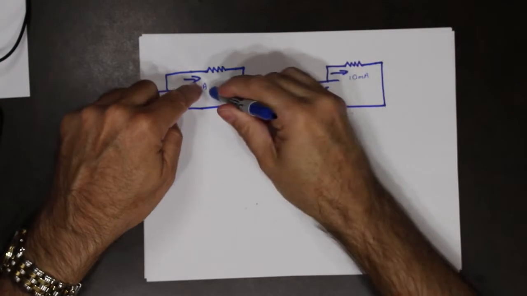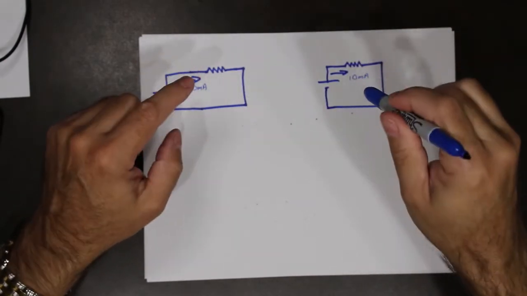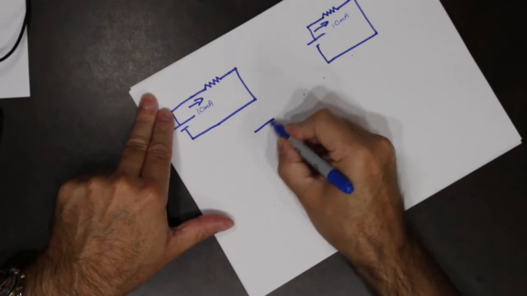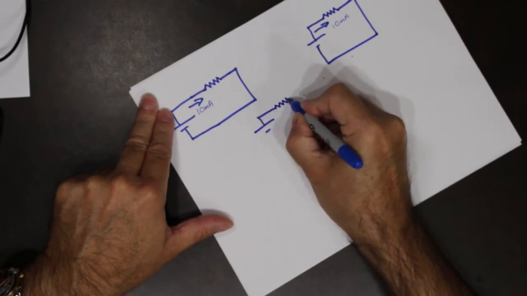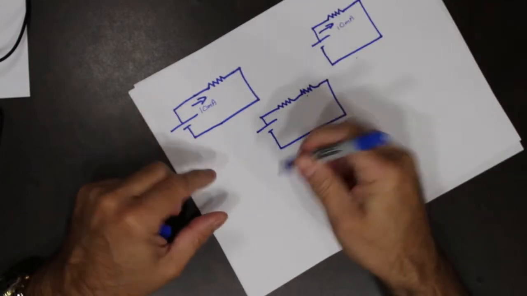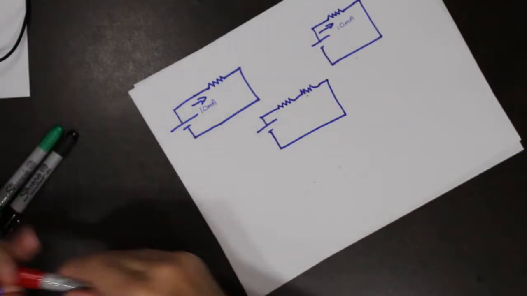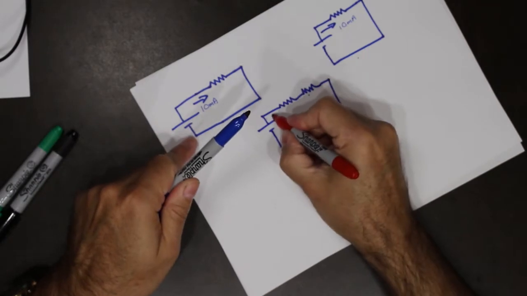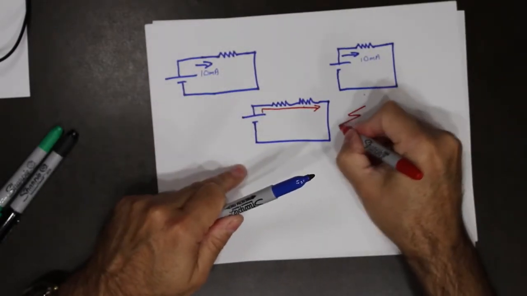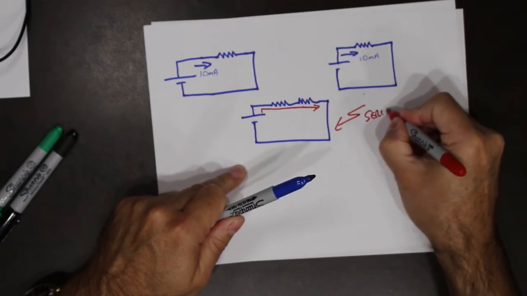So it's not just the same value, it's the exact same current. So if we did a series circuit like this with two resistors, the exact same electrons leave and flow through both. That's what makes that in series.